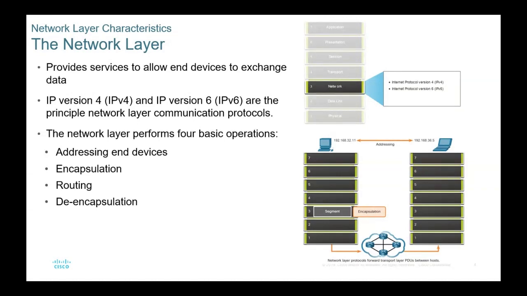Each one of those layers, the segment is encapsulated in the packet, which is encapsulated into the frame. So it's a bit like pass-the-parcel, where you've got extra layers of wrapping at each layer. And decapsulating is basically opening up the letter, opening up the parcel and unwrapping that layer and seeing what's in the previous.